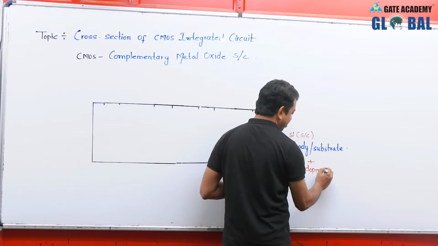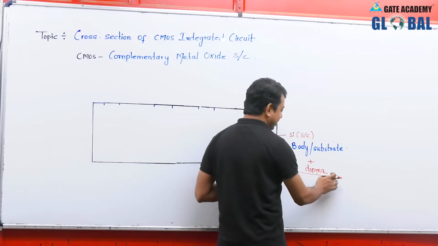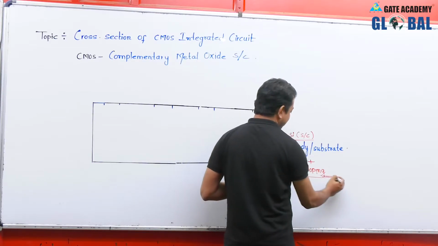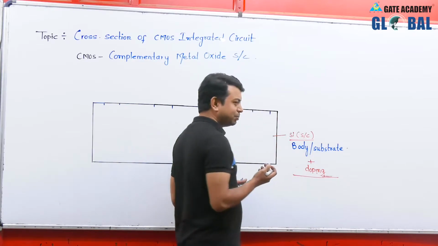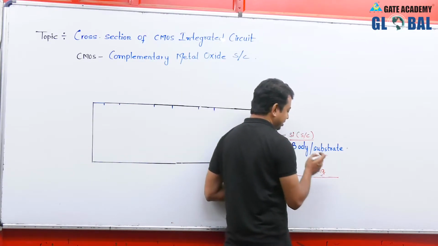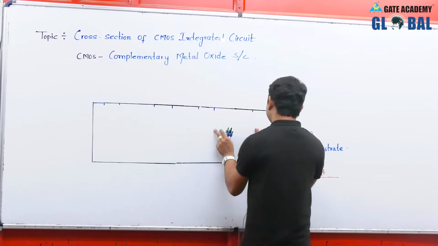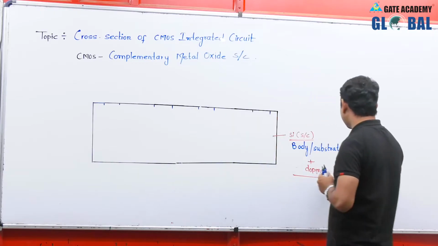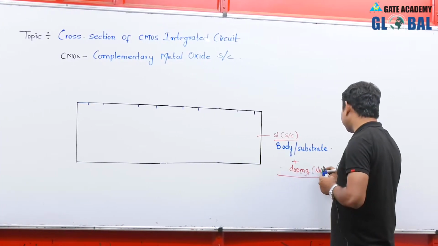After doping, silicon will become either an N-type or P-type semiconductor, but we have to decide which type of semiconductor we are going to make here so that we can have the exact doping. So I am going to dope this one with acceptor atoms.